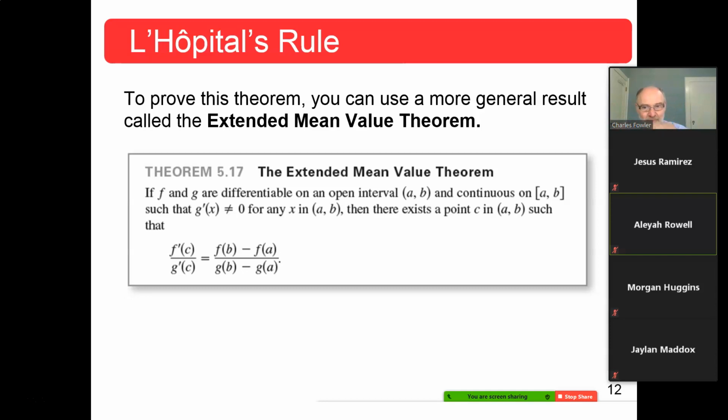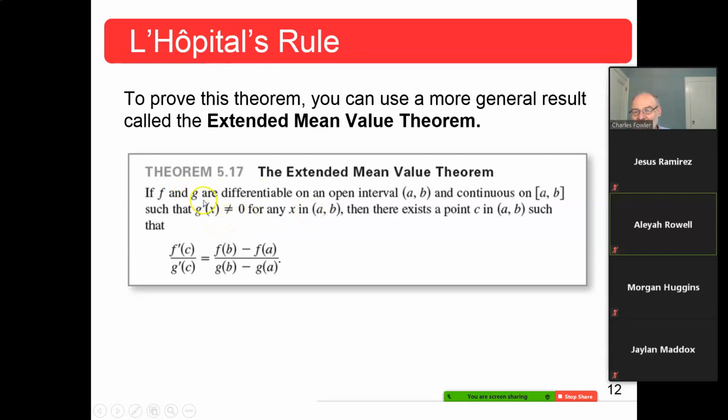So we're not to L'Hopital's rule yet, but here's what it is. The extended mean value theorem: if f, and my guess is this is what he learned from John Bernoulli, if f and g are both differentiable on some open interval a to b, and they're continuous on the closed interval from a to b, including the endpoints, such that g prime of x is not equal to 0.